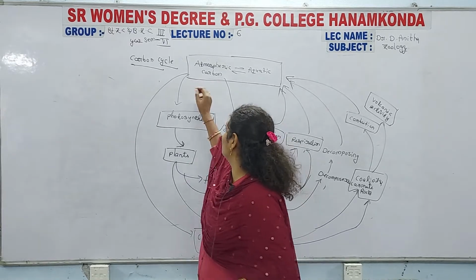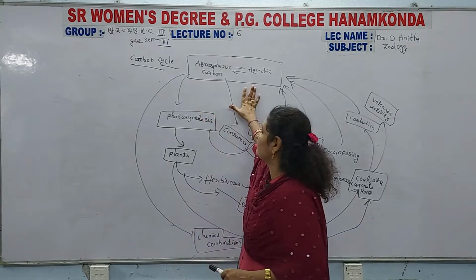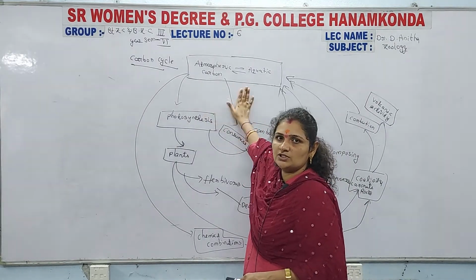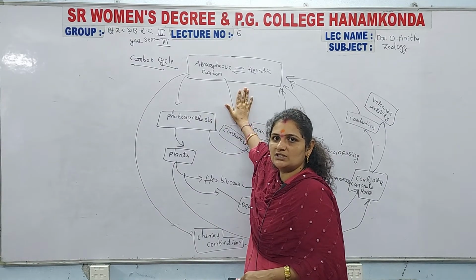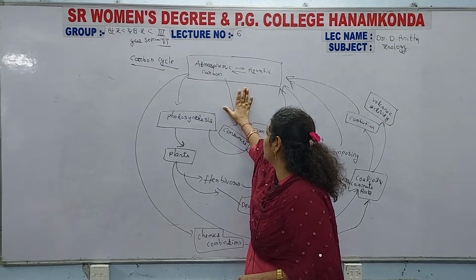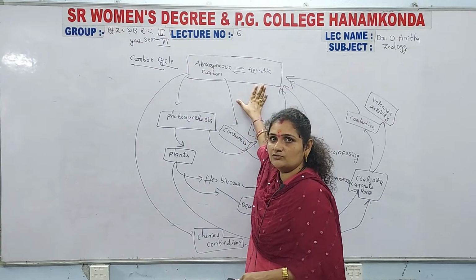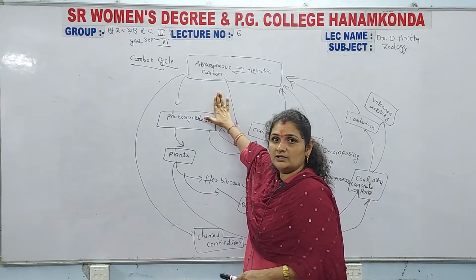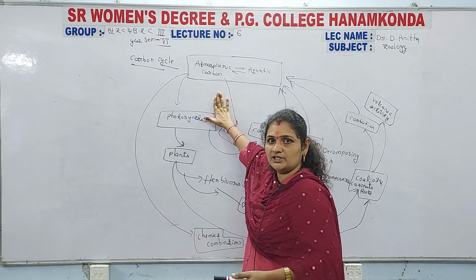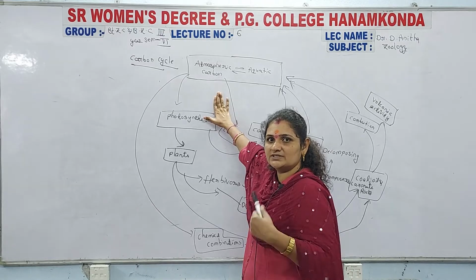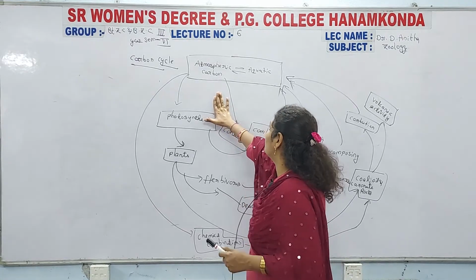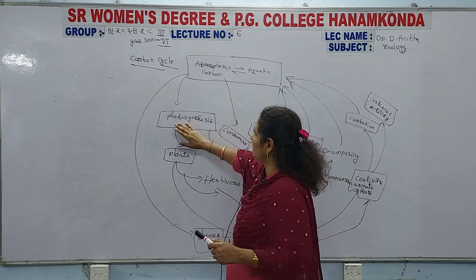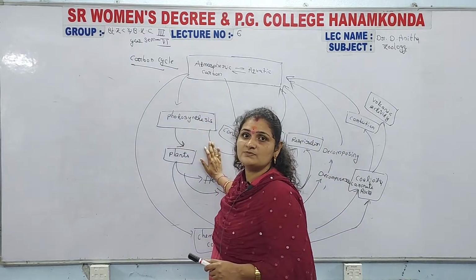First, atmospheric carbon goes to the aquatic system, meaning the water, and from the water back to the atmospheric carbon. So a double reaction occurs. The carbon enters the water, and from the water it again reaches the atmosphere in the gaseous state. This form of carbon is first directly utilized by the photosynthesis process.